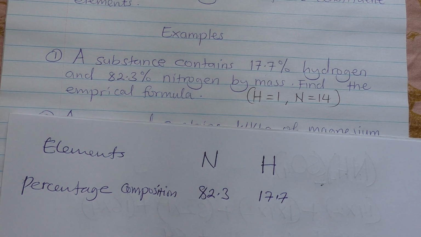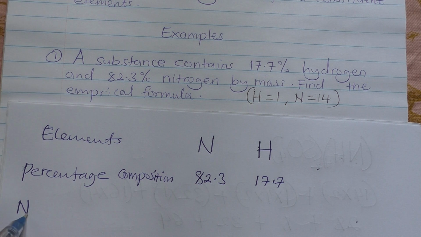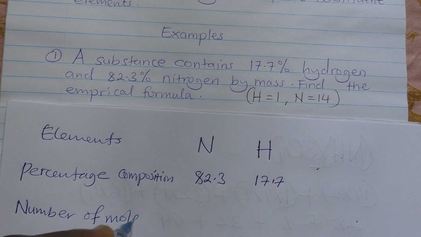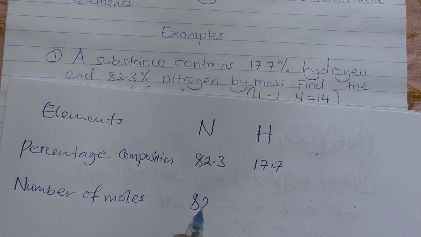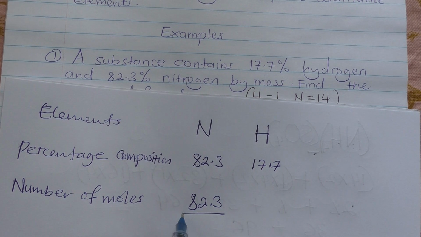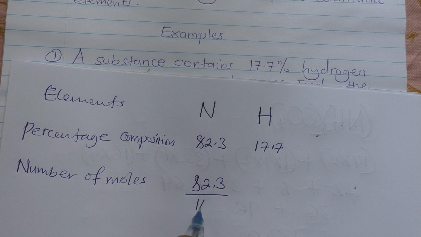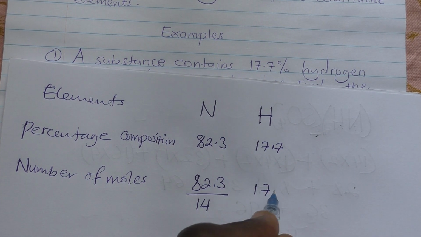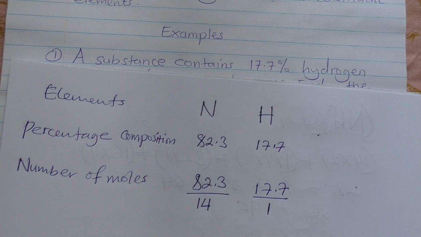And now we shall look at the number of moles. So how do we get this? We get percentage composition divided by the atomic number. So the atomic number of nitrogen is 14. Then this becomes 17.7 divided by the atomic number of hydrogen, which is 1.